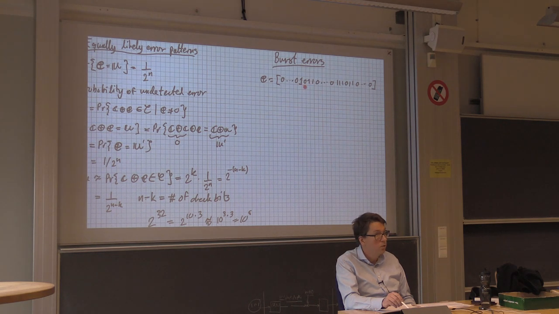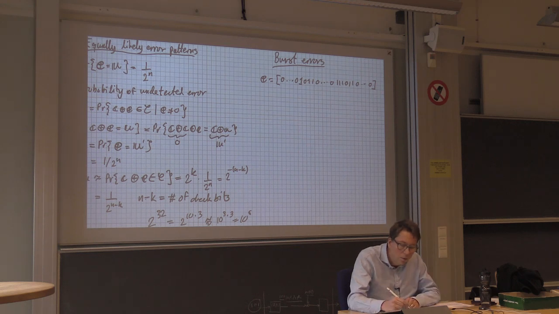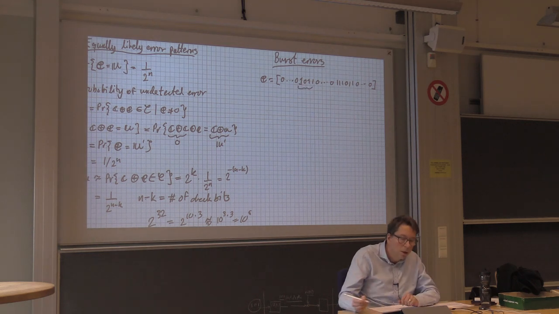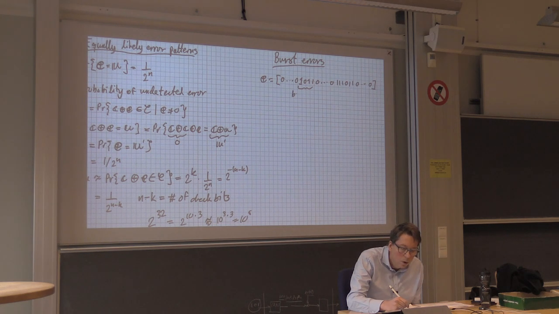There is a bursty nature here. So we call the first error event, where it starts and ends here, a burst of length 4.